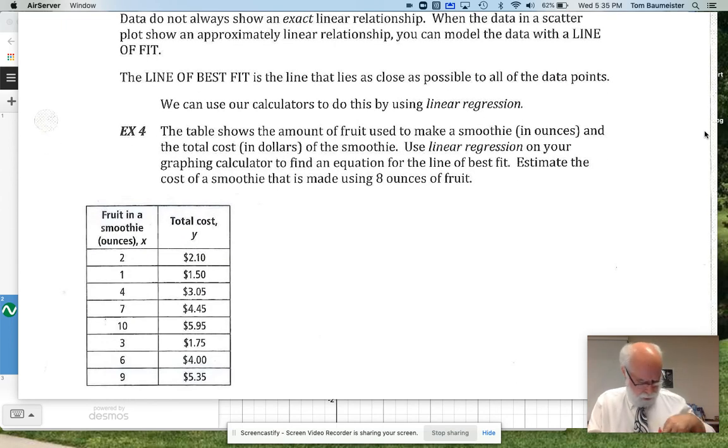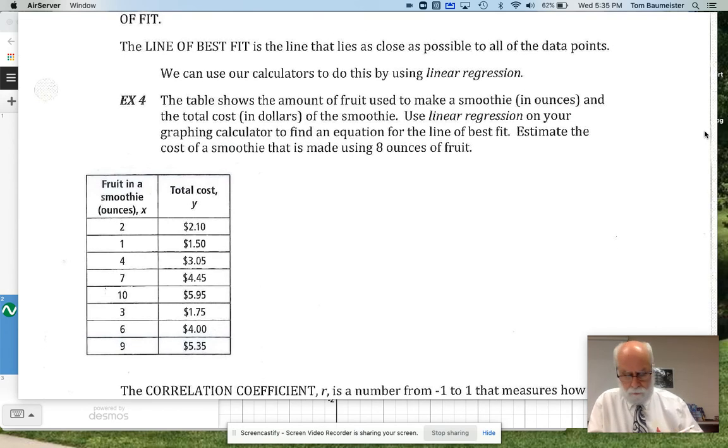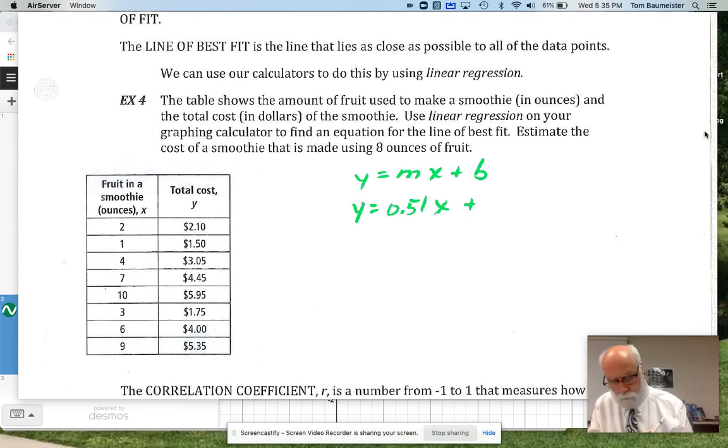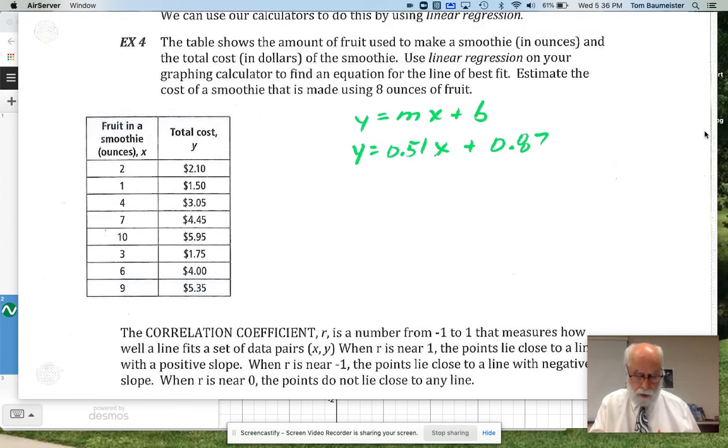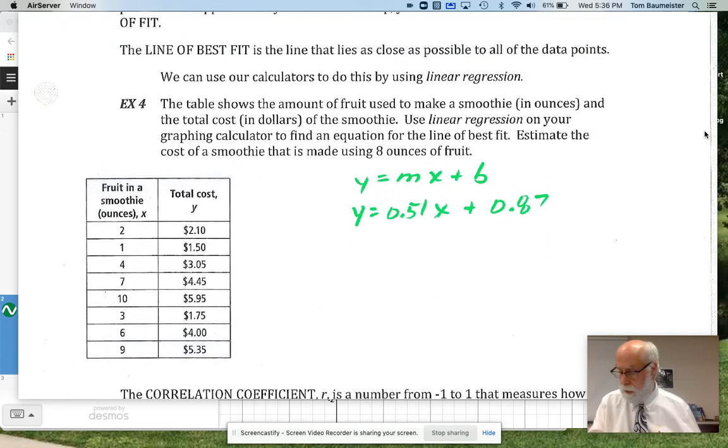If I go and I write this, okay, again, it's y is equal to mx plus b form. All right, I just told you that our m was equal to 0.51. We have x, and we just saw that our b was 0.87. Okay, and then I told you to write down our r, and I'll show you what that is here in a second.